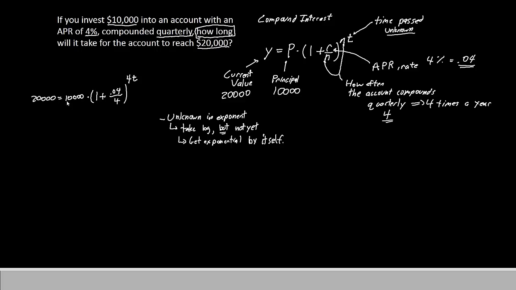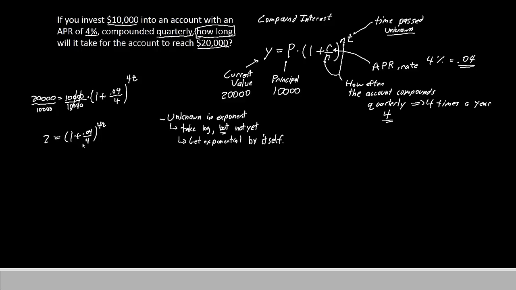That means we're going to have to move the 10,000. So let's divide by 10,000 first. 10,000s on the right drop out, and we have 20,000 divided by 10,000. That's 2, equals parentheses 1 plus 0.04 divided by 4 raised to the 4t.